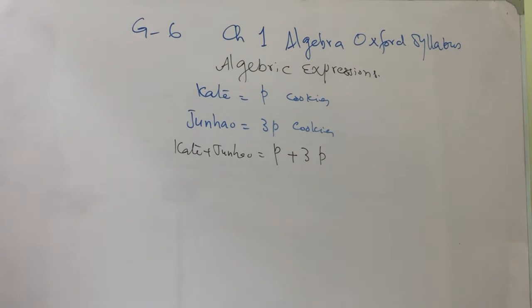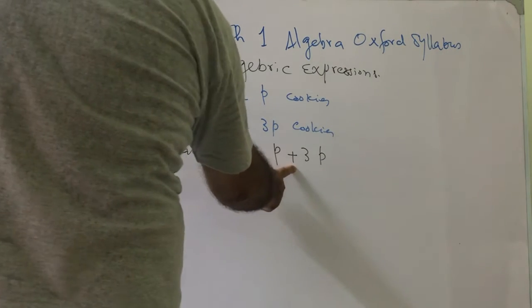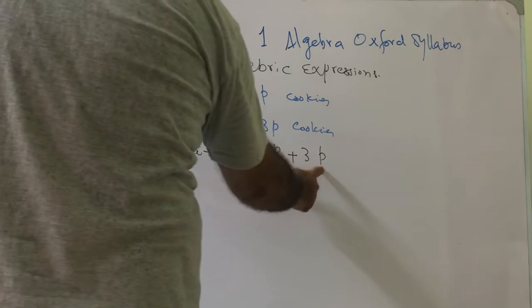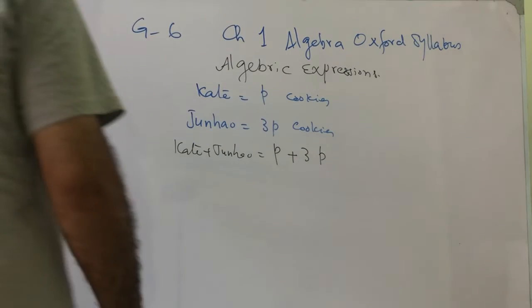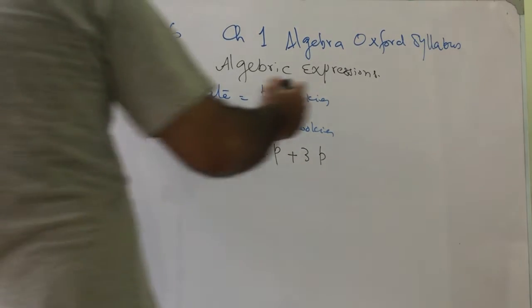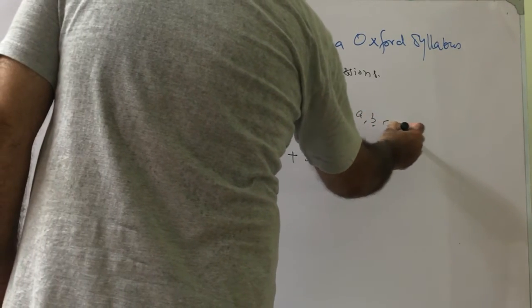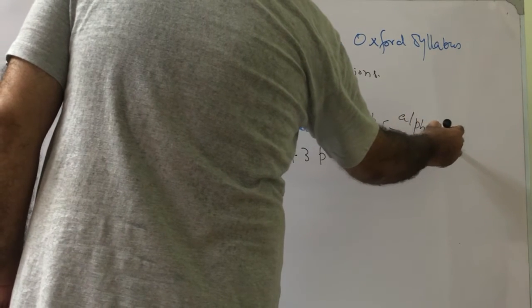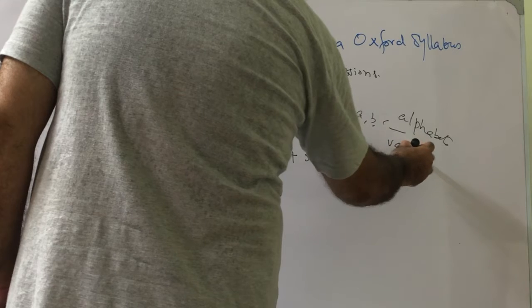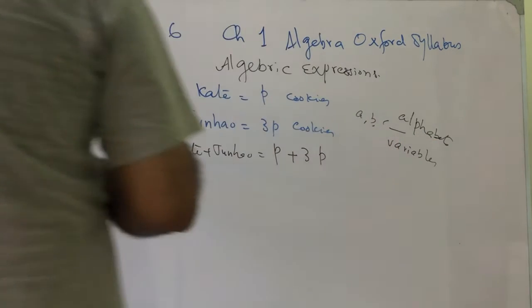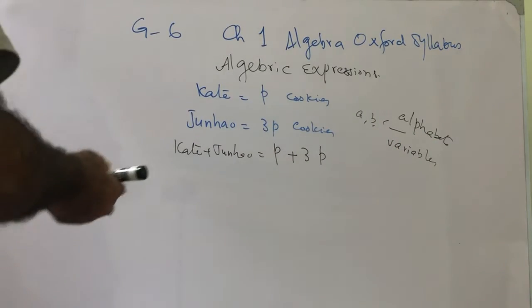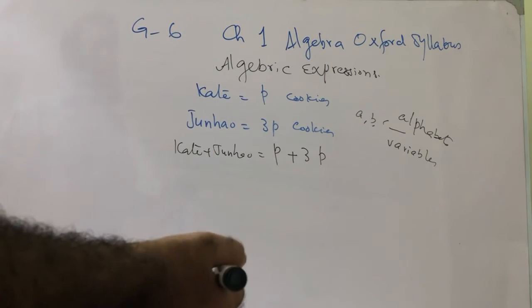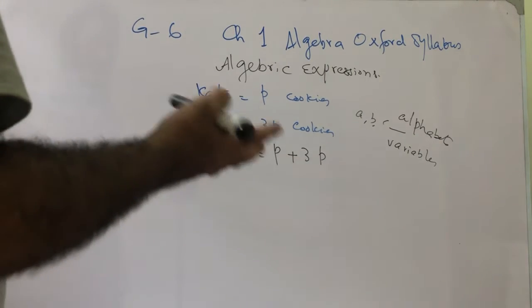So when we are doing algebra, these alphabets, a, b, c, p, q, are called variables. Variables mean their value changes. In one question it may be 3, in another question it will be 4. So they can have any value.